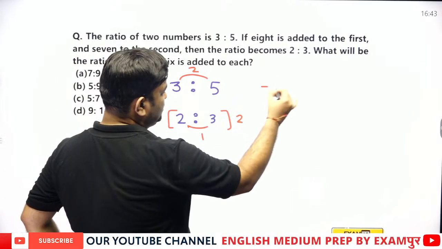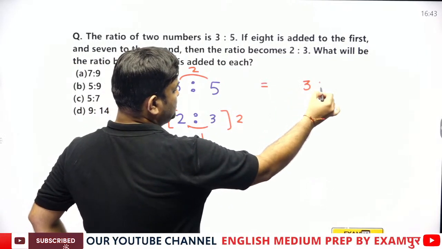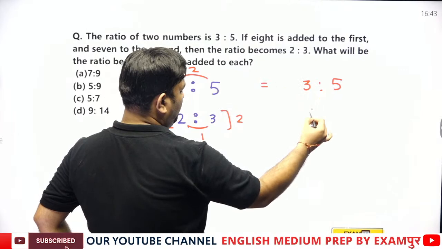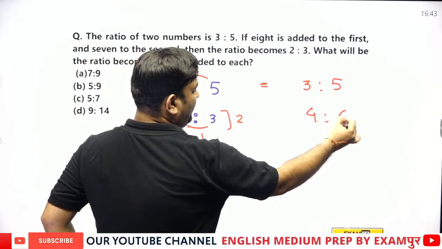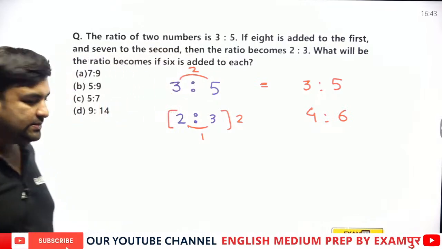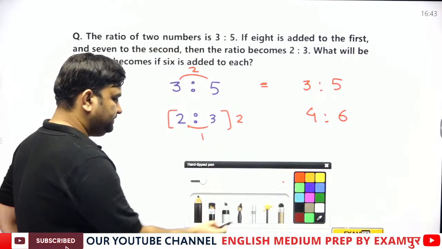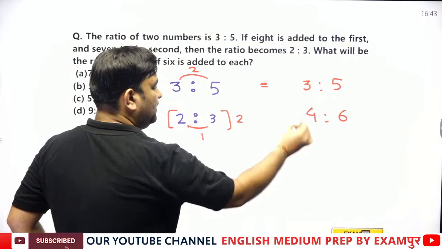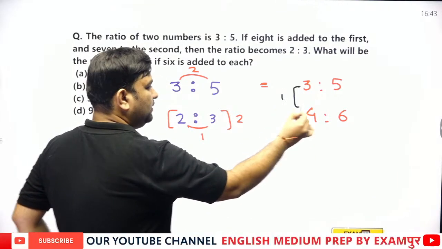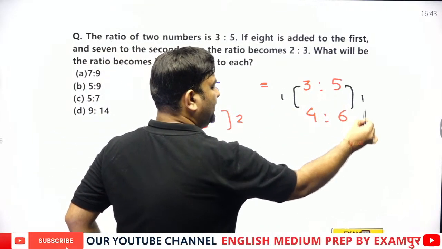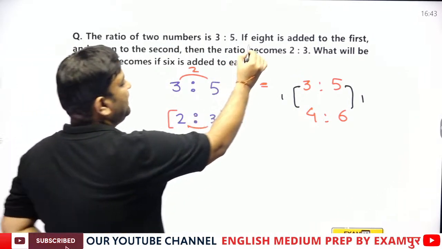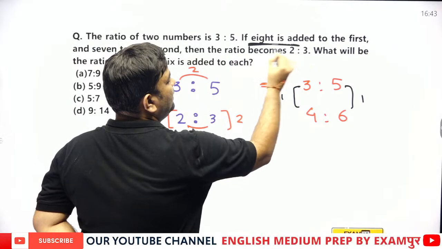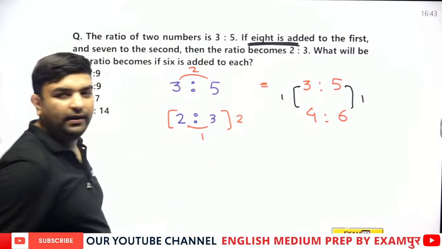So the new ratios will come out to be 3:5 and 4:6. Both are increasing by 1. Actually, they are increasing by 8.